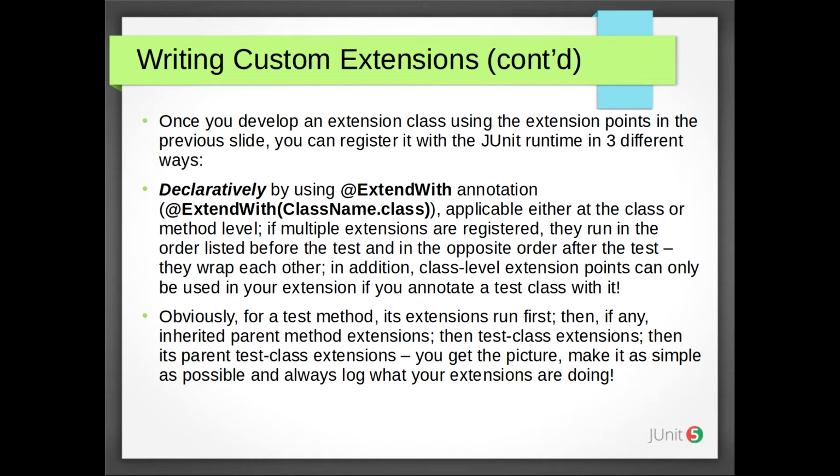Then, test class extensions for the class in which the method resides. Then, its parent test class extensions. You get the picture. But make it as simple as possible and always log what your extensions are doing, or you'll get messed up.